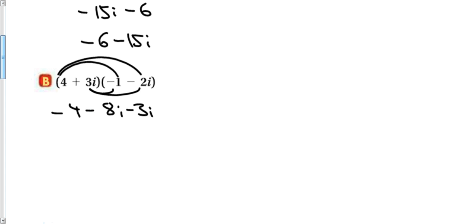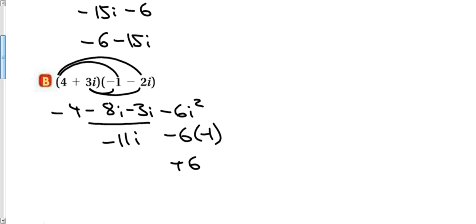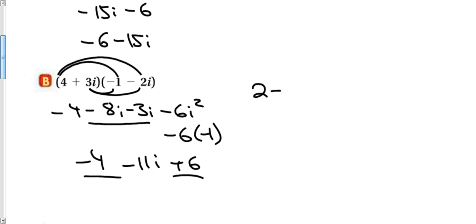And the last is going to be minus 6i squared. i squared is going to change into minus 6 times negative 1, which is going to turn this into a plus 6. And then I'm also going to combine these two because they're like terms. They both have an i. That's going to be negative 11i. Bring that down over here, and then a negative 4 in the front. And then finally, those two can combine to give me 2 minus 11i.